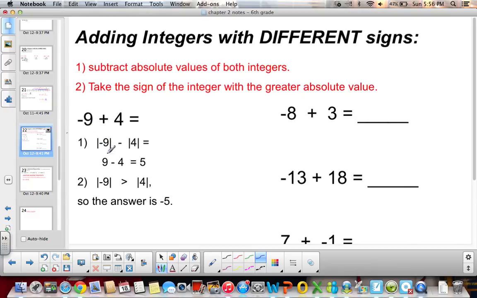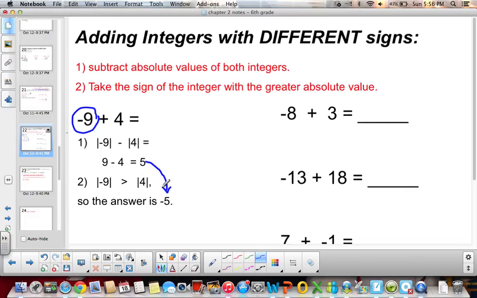So the absolute value of -9 minus the absolute value of 4 would be 9 minus 4, we get 5. We know that the absolute value of -9 is greater than the absolute value of 4. So we take the sign of whatever that greater number was, which is negative, and we make our answer -5.